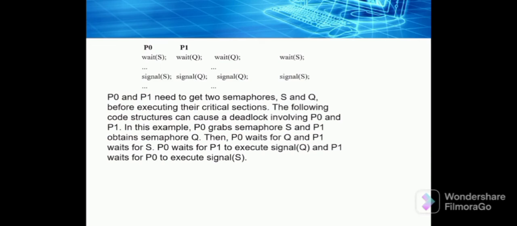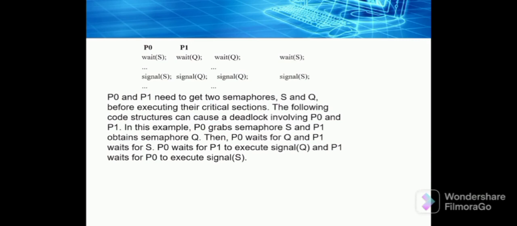Here is an example of deadlock. That was the code. P0 and P1 need to get semaphores S and Q before executing their critical section. The following code structure can cause deadlock involving P0 and P1.